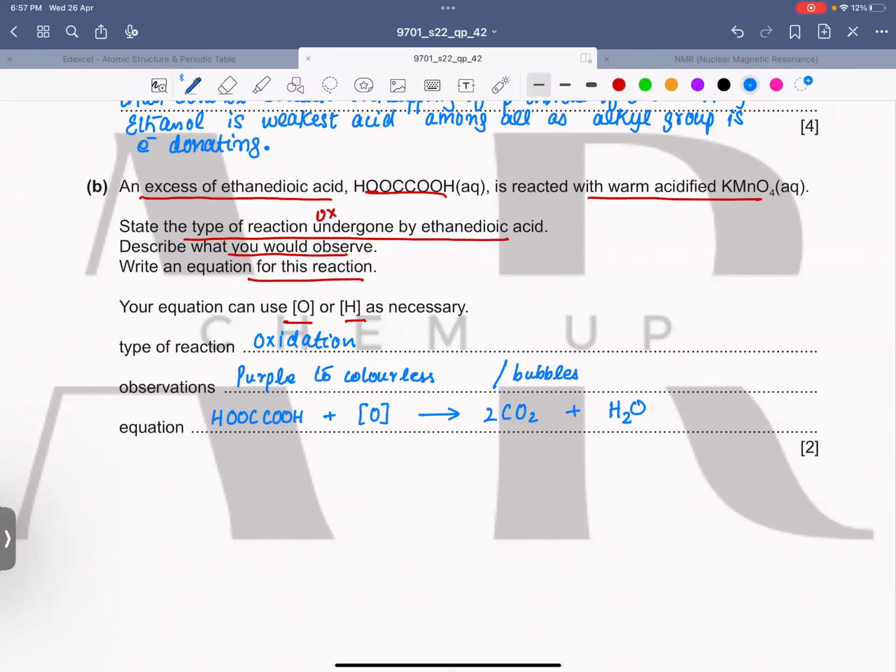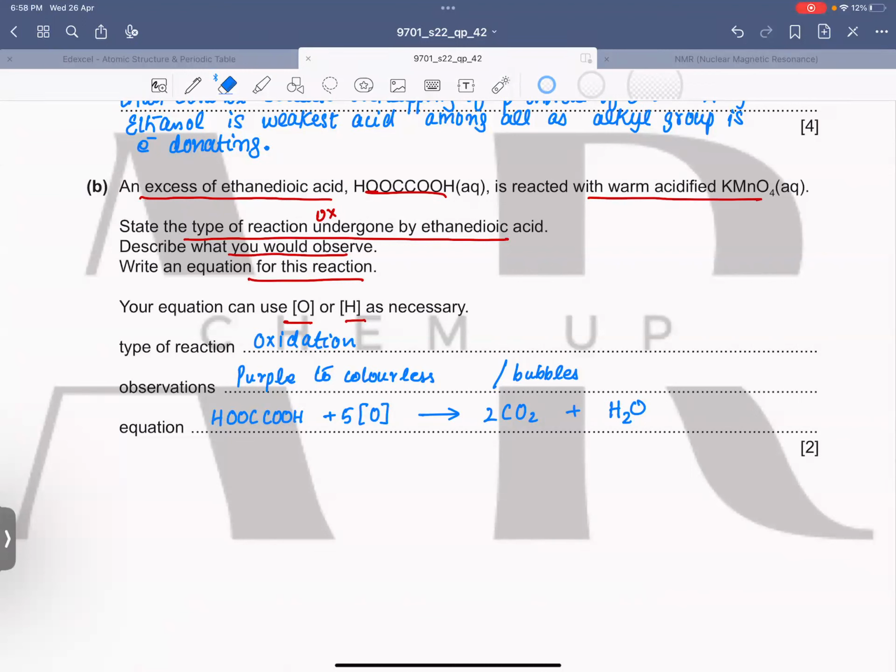If you count, carbon is balanced on both sides, hydrogen is balanced on both sides. If you count oxygen, there are 4 over here and 1 over here, which makes the total oxygen 5. So I would put 5 over here. So now the oxygens are also balanced, and the equation is completed.